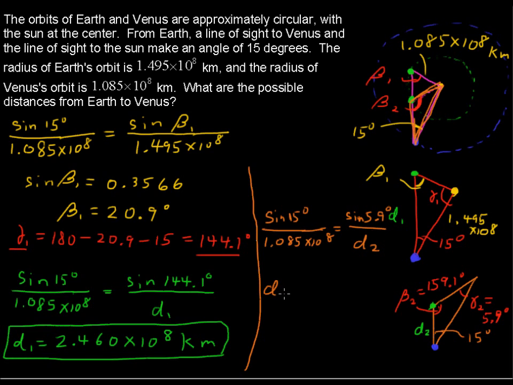So solving for d sub 2, we then get approximately 4.309. D sub 2 equals approximately 4.309 times 10 to the 7th kilometers. So either a little bit closer or a little bit farther from Earth. So that's an application of astronomy using the law of sines, and we had the ambiguous case of the triangle there.